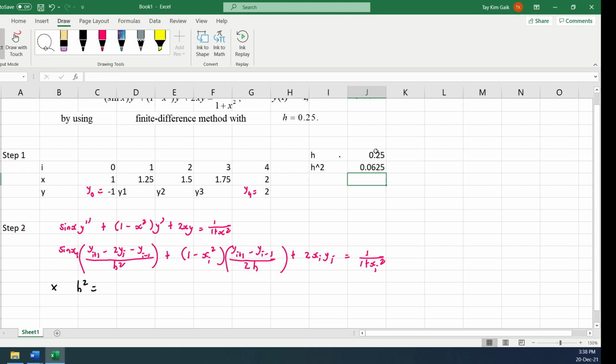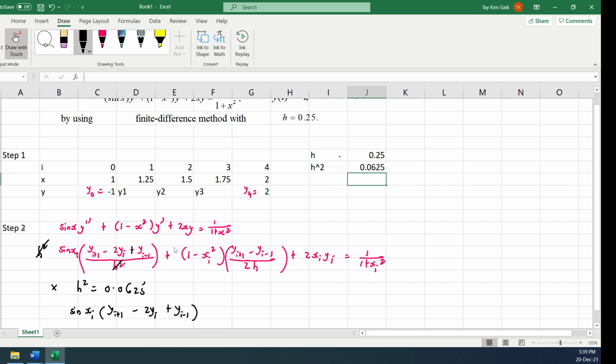So you multiply each term by h squared. The first term, if you multiply by h squared, you will just be left with sin xi multiplied by (yi plus 1 minus 2yi plus yi minus 1).